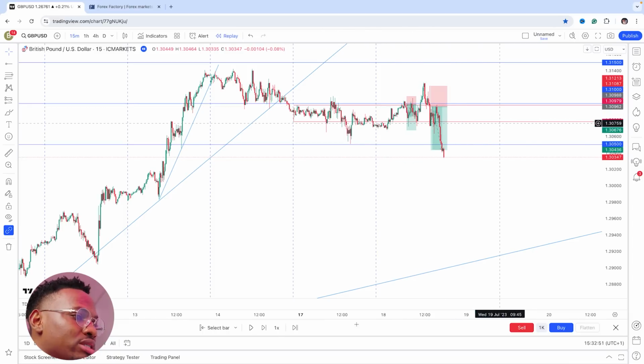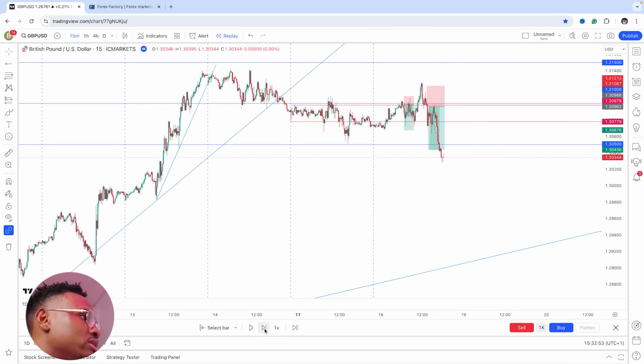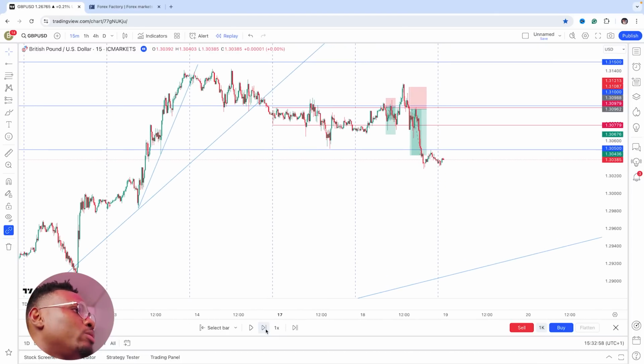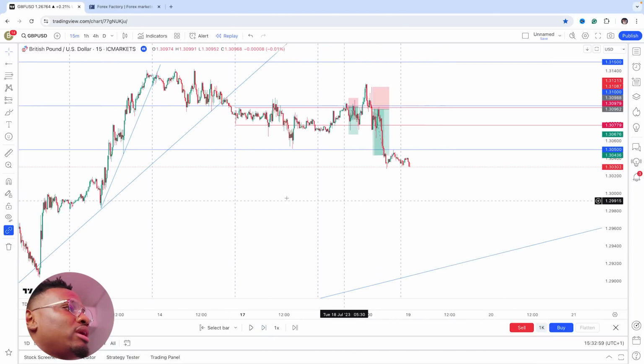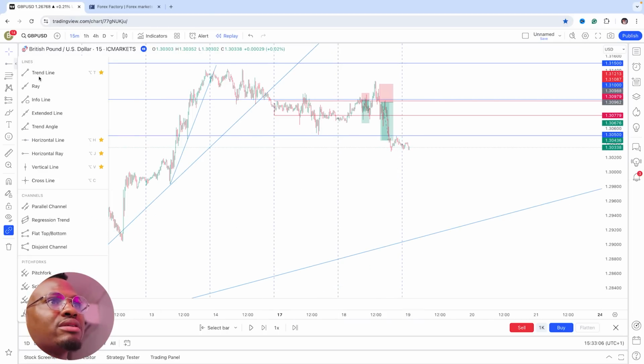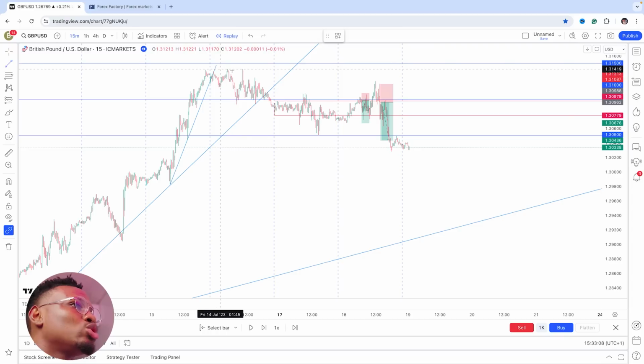So I take 2 trades every day, then I wait till the next day. On the next day, I've seen a new pattern. I like the fact that it just started off trending in the same direction, and I'm going to look for my trend lines again because I've seen 2 highs, 2 tops.